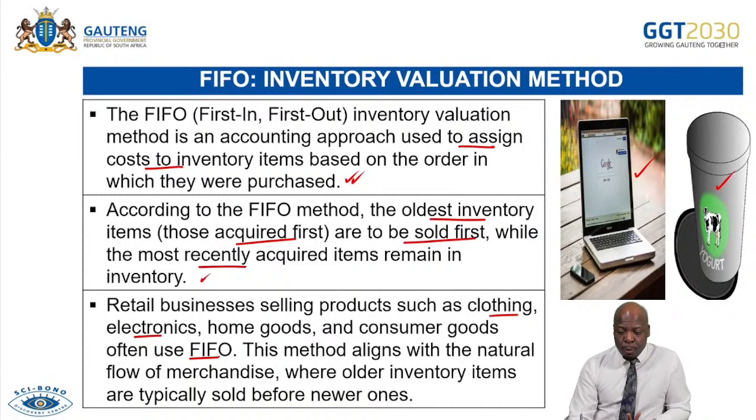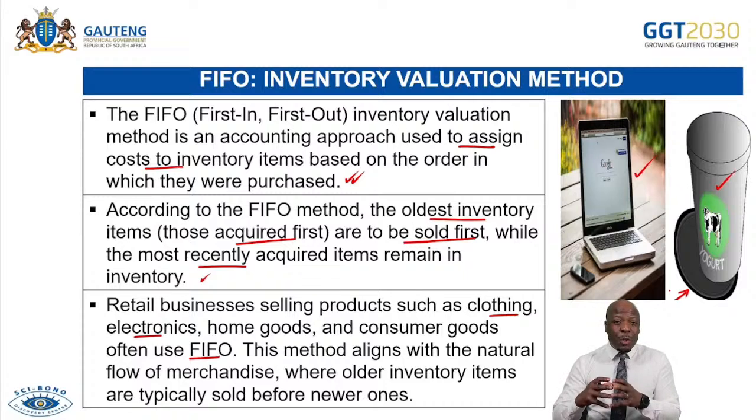With products such as yogurt, these are perishable goods. So we would want to sell these goods in the order in which they came to the business. The stock that arrived first, we wish to sell that one, such that we do not have a problem of goods expiring on our shelves.